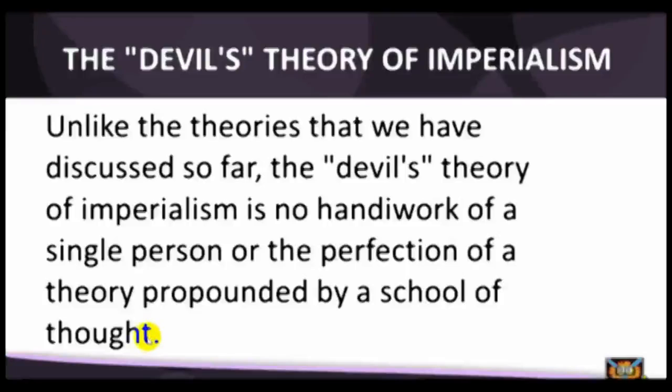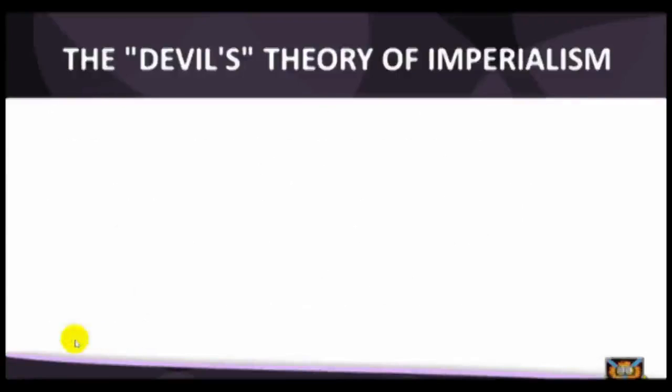It was propounded by a committee of the U.S. Senate, which investigated between 1934 and 1936 the influence of financial and industrial interests on the U.S. intervention in the First World War. This theory is sometimes referred to as the devil's theory of war.